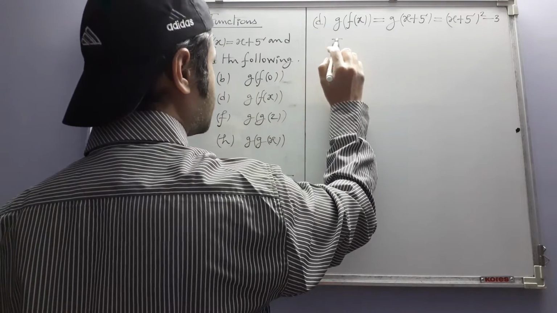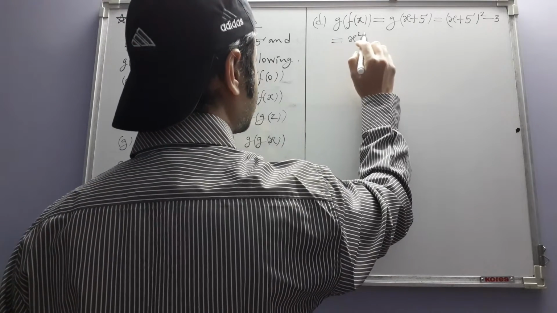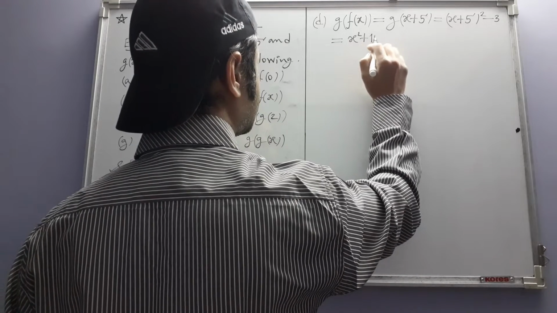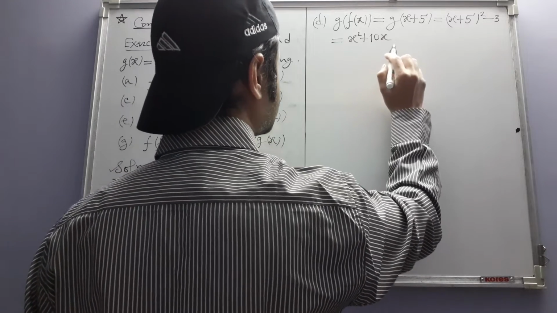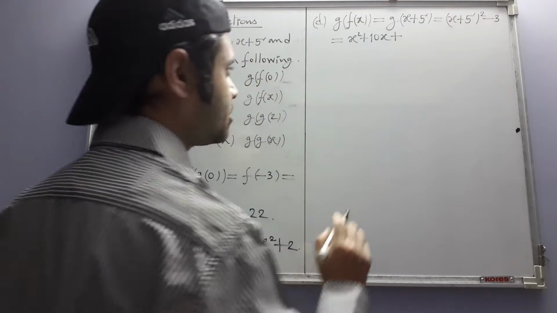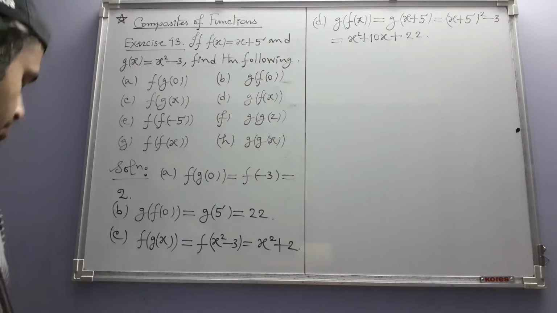If you want, you can expand this. It will be x square plus 2 times x times 5, that means 10x plus 25 minus 3, that is 22.